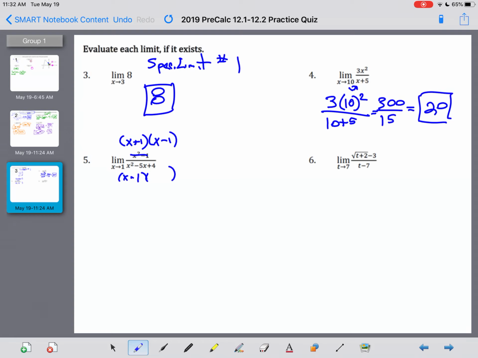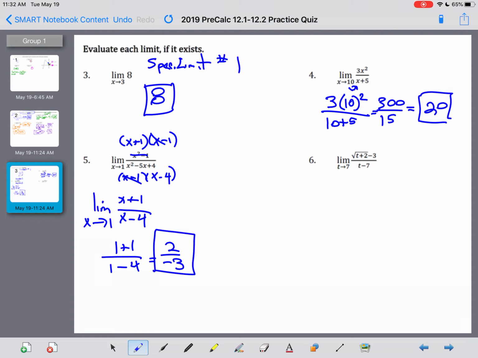We get x minus 1 and x minus 4. So the minus 1's cancel. Now I get the limit as x approaches 1 of x plus 1 over x minus 4. So let's direct substitute here. We get 1 plus 1 over 1 minus 4, which gives me 2 over negative 3.